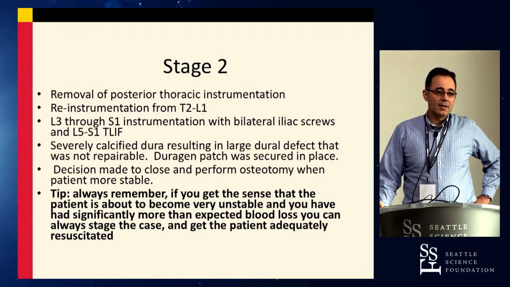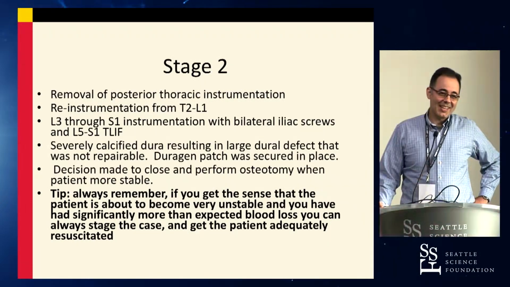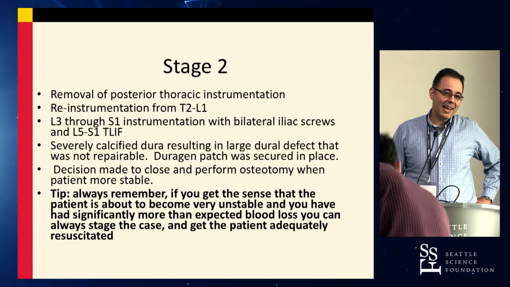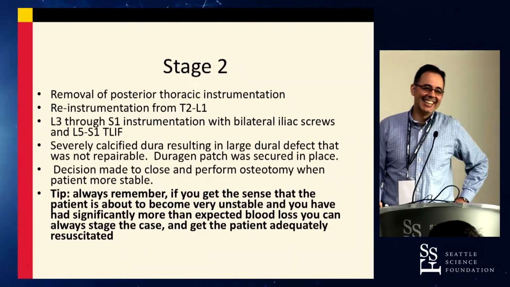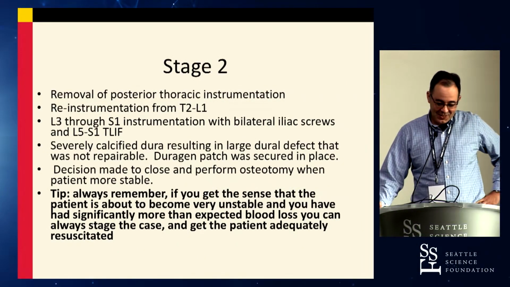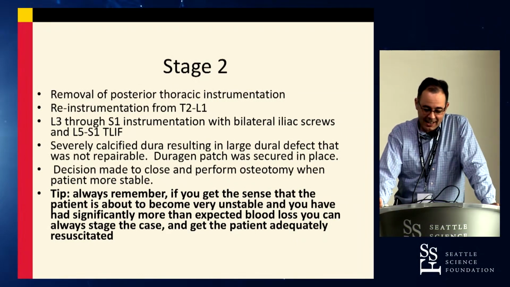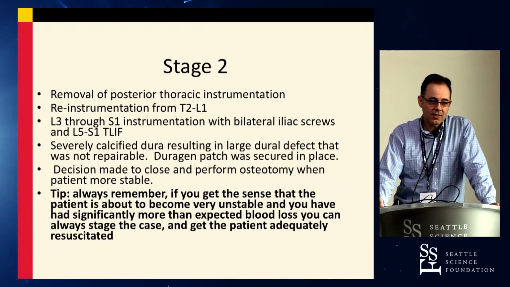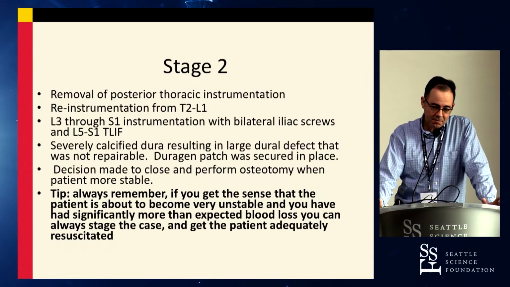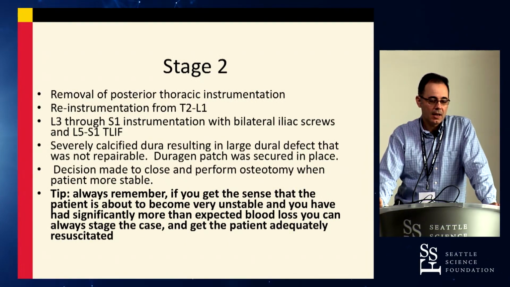Wait, how massive was it? So there was a piece of calcium. Given that this patient has had previous surgeries and that she had this calcified fusion mass, she also had a calcified ligamentum flavum.